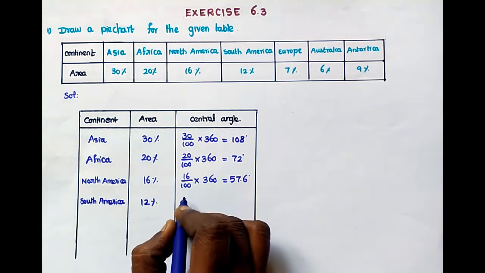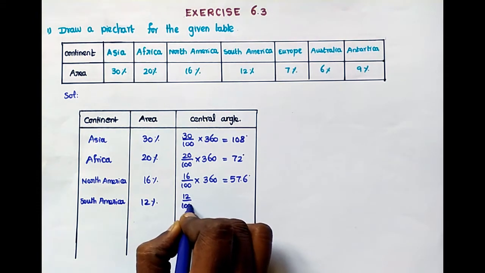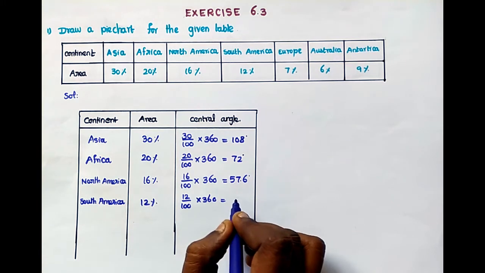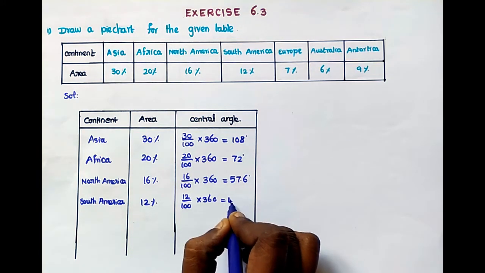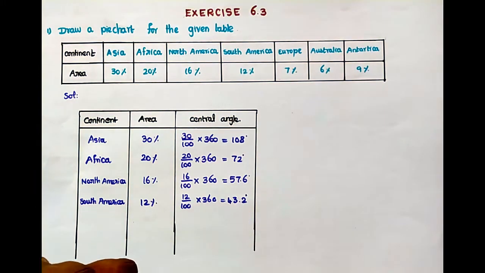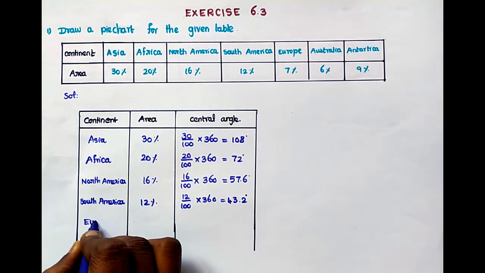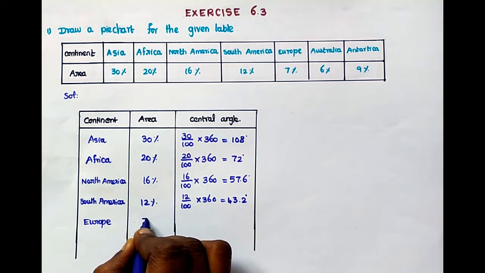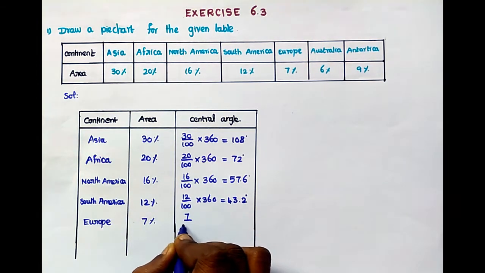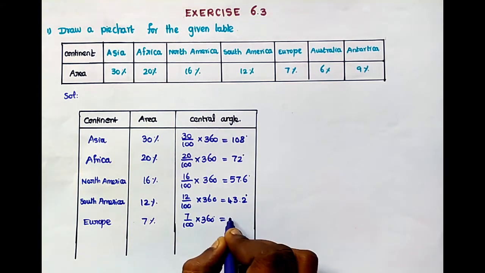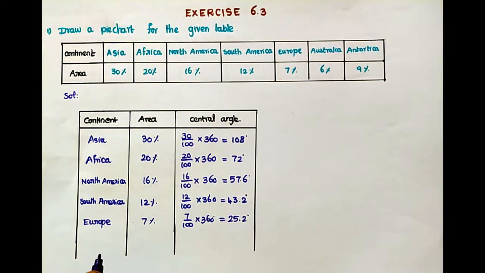And then next South America, 12%. 12 by 100 into 360, that is equal to 43.2 degree. Next one, Europe, that is 7%. 7 by 100 into 360, that is equal to 25.2 degree.